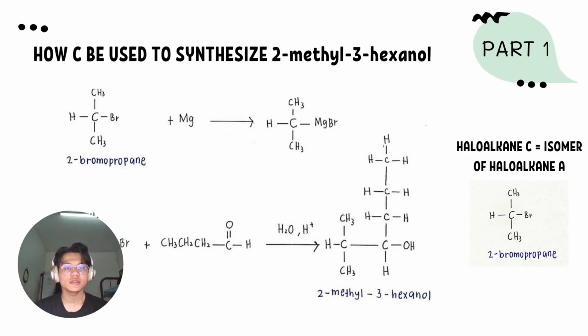Okay, how can compound C be used to synthesize 2-methyl-3-hexanol? As we can see, the isomer of compound A, which is isomer C, for haloalkane C, we choose 2-bromopropane. So 2-bromopropane reacts with magnesium and forms the product.